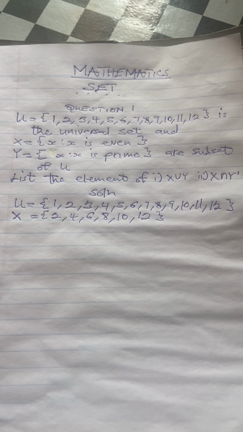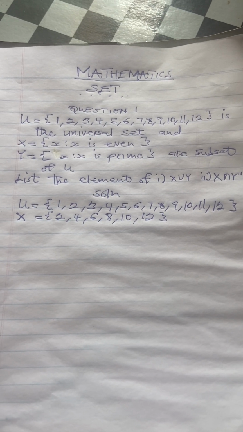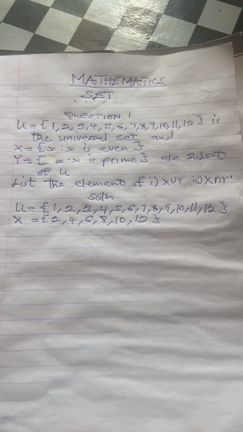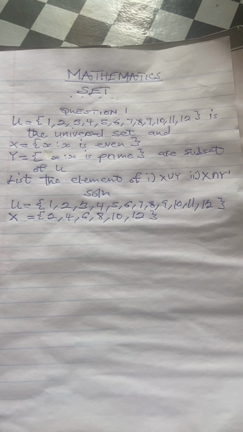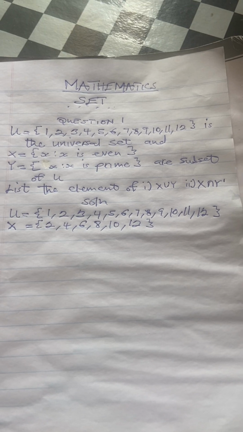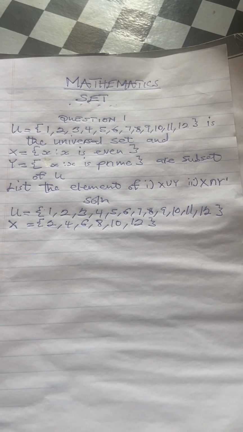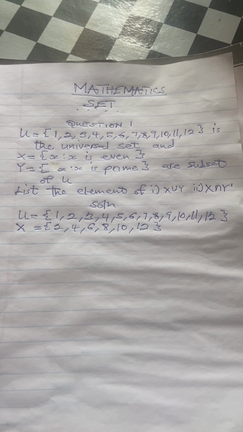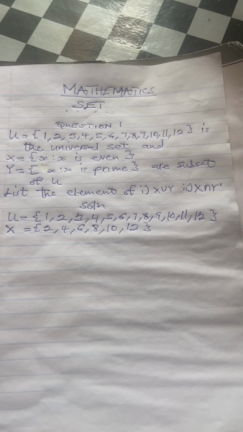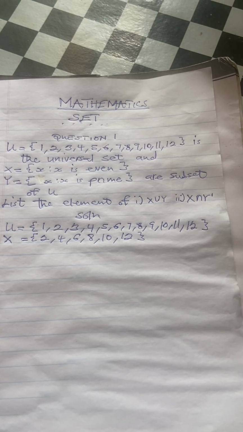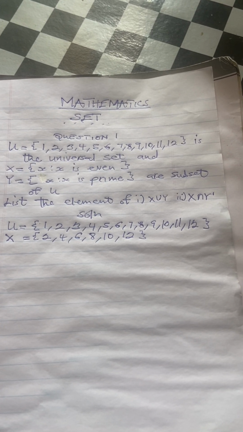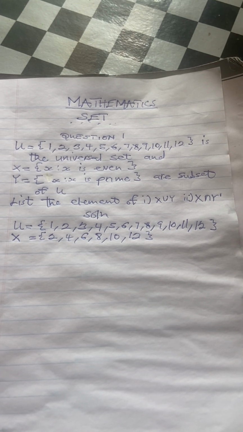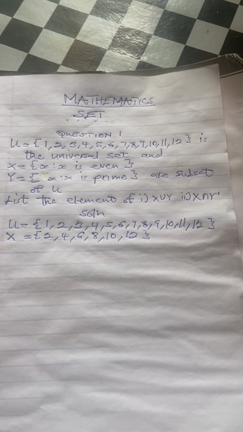When it comes to 3, 1 can go inside 3, then 3 itself can also go inside. So that is what prime numbers are: numbers divisible by 1 and the number itself only. So from the universal set, we have 2, 3, 5, 7, and 11 as the prime numbers.